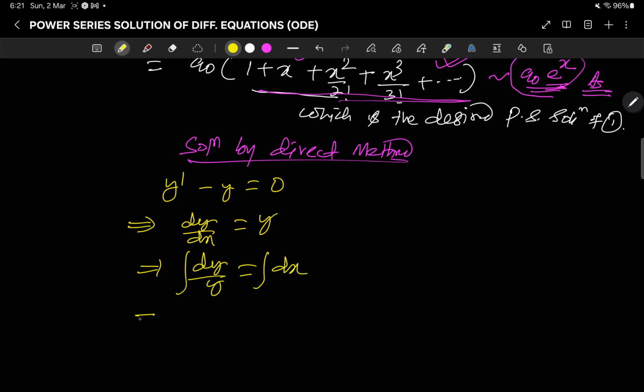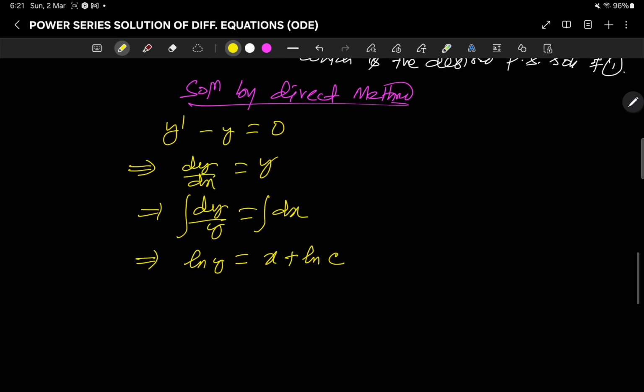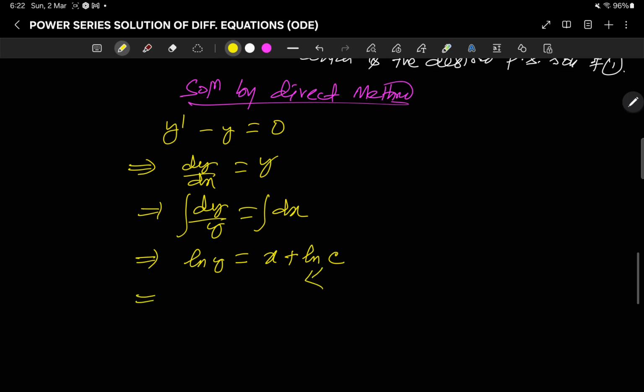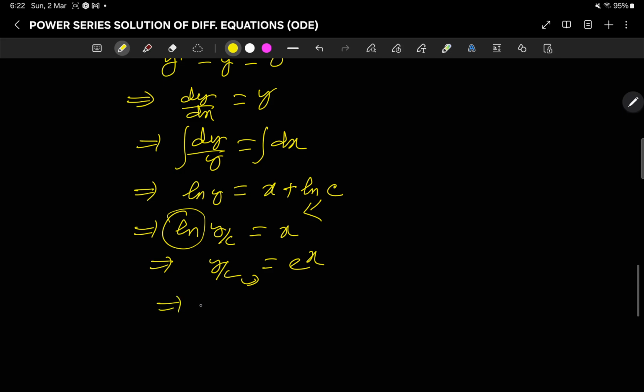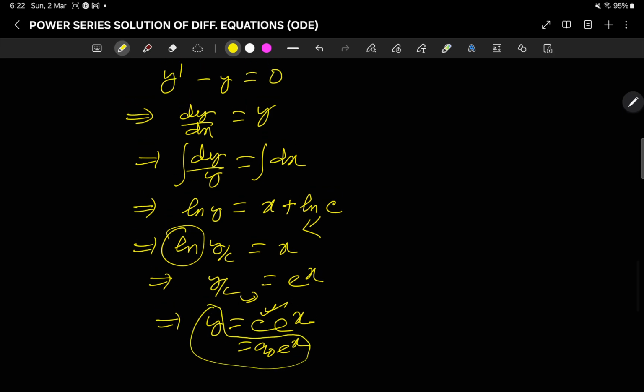If you integrate it, log y is x plus ln c. Bringing this to this side implies ln y by c is x, so y by c is equal to e to the power x, and y is equal to c e to the power x. If I take c is equal to a0, this is a0 e to the power x. So is it not the same solution we are getting?